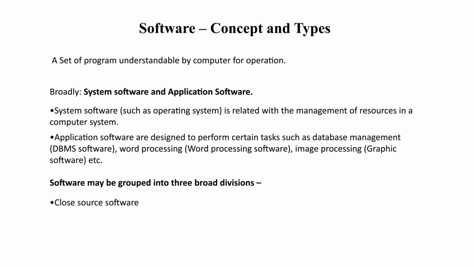The second is, as I have told you, commercial software. You cannot change its code or customize it. But at present, everybody wants to change it according to his or her need, to incorporate changes into the software or to make it available for reuse.